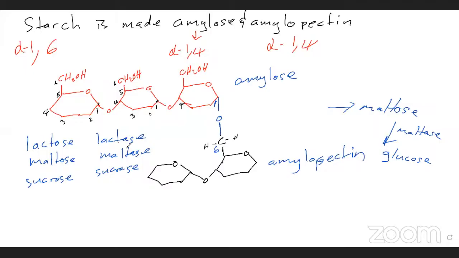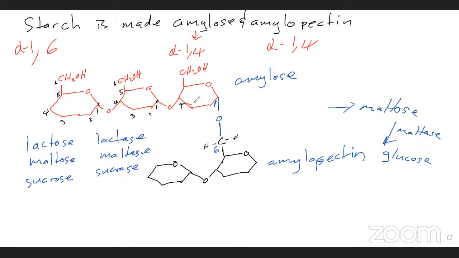Remember, amylose and amylopectin are polymers. So it's not that we break starch down into amylose, because starch is amylose itself and amylopectin, giant.